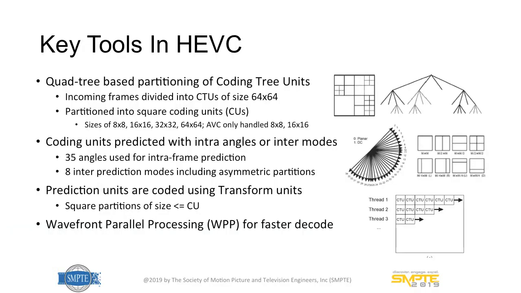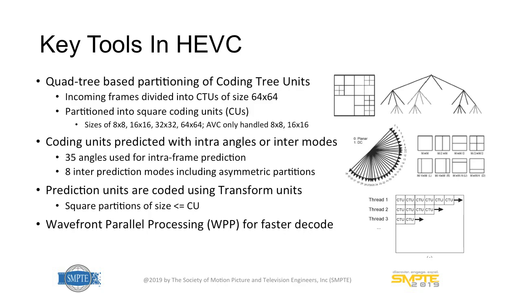So let's carry on. Some of the key tools in HEVC, I just want to highlight the important ones that were added. The first thing is that compared to the previous standard, which was AVC, which only used 16 by 16 blocks and 8 by 8 blocks, simple block partition, HEVC went on the first generation of steroids and started adding quad tree based partitioning.